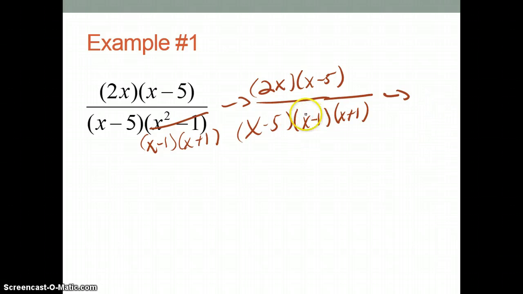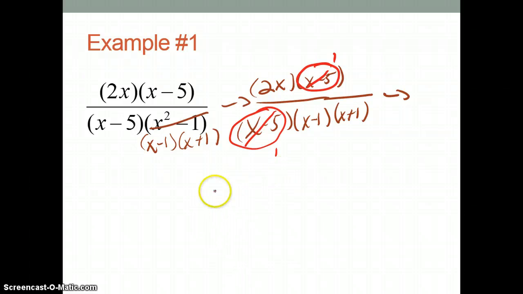At this point, only things that are factors, so only things in parentheses, can cancel with other things in parentheses on the top and bottom. For instance, x minus 5 is in parentheses up here, and x minus 5 is in parentheses down here. We cancel it. We say that these both become 1s because x minus 5 divided by x minus 5 is 1. Nothing else can cancel. So on the top we have 2x, and on the bottom we have x minus 1 times x plus 1.